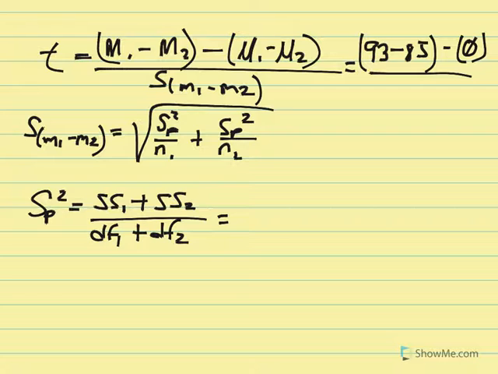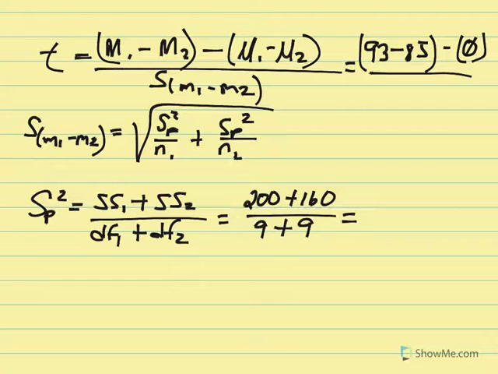So in order to save time and be more efficient, we're going to stop with the variable that we just calculated, in this case SS. So we just calculated that in the previous slide, and SS1 was equal to 200, SS2 was equal to 160, and degrees of freedom for our first distribution, 9, second distribution, also 9. And so now we have 200 plus 160, so that gives us 360 over 9 plus 9 is 18.